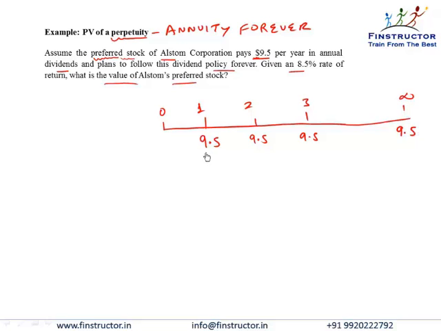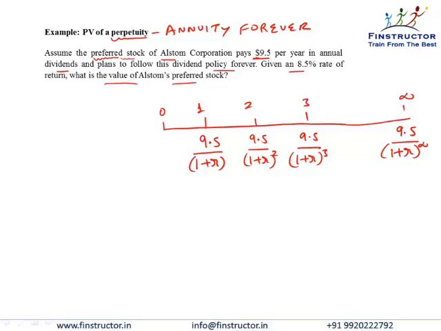So what will be the present value of the first cash flow? It would be 9.5 upon 1 plus r. The second cash flow would be 9.5 upon (1 plus r) to the power 2, so on and so forth. The cash flow coming at t equal to infinity would have a value of 9.5 upon (1 plus r) to the power infinity.